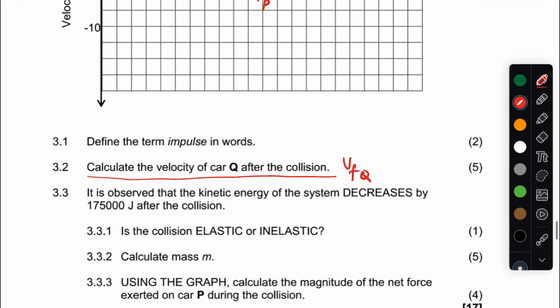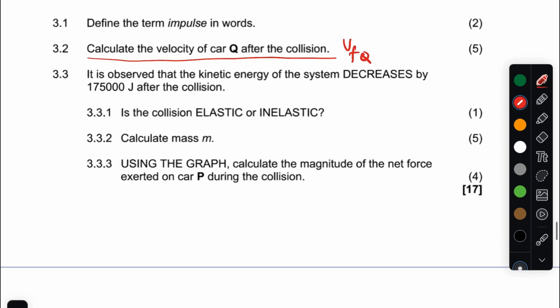So if we have three velocities and we're looking for one, we're going to use the conservation of momentum. This is a closed system. So we'll say the total momentum before is equivalent to the total momentum after.